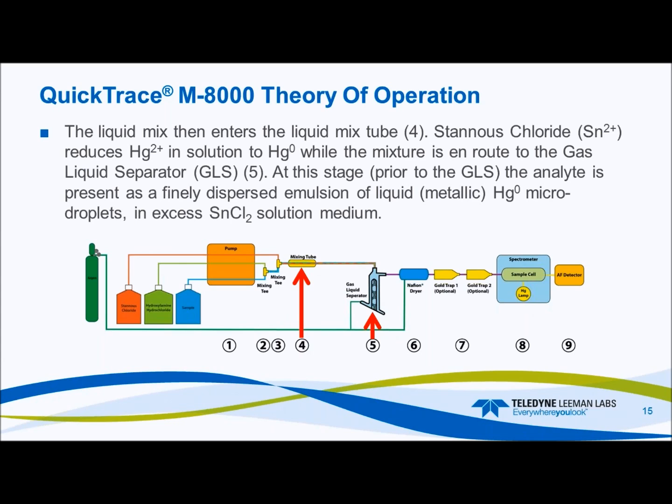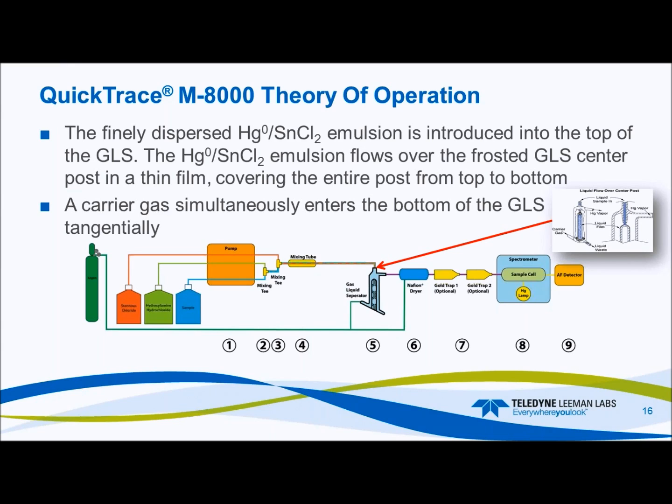So the stannous chloride reduces the mercury to Hg0 while it's en route. And then once it hits the gas liquid separator, it's in a finely dispersed metallic type solution with excess stannous chloride. When it hits the gas liquid separator, it flows from the top to bottom, and the carrier gas comes in the bottom.